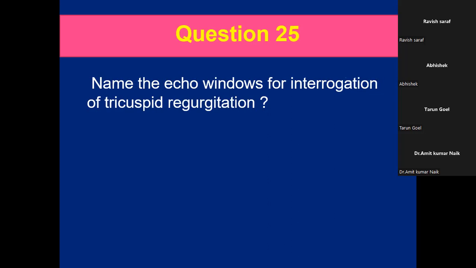Let's move on to Dr. Amit. Amit, are you there? Yes, sir. Tell me the answer of this question. Name the echo windows for interrogation of tricuspid regurgitation. Subcostal view. We taught you 5 windows. Sir, subcostal, right parasternal, suprasternal and apical.